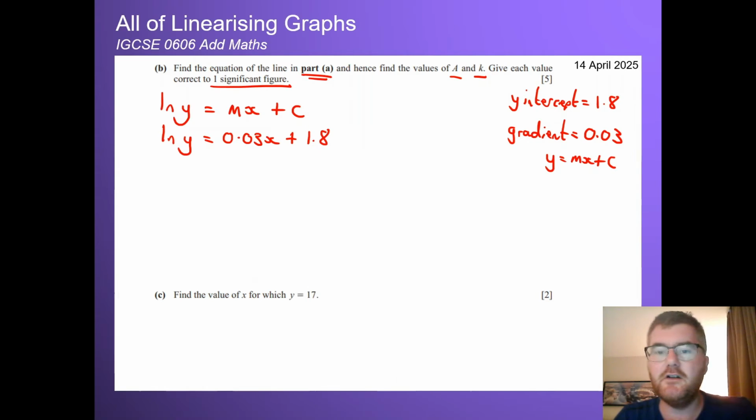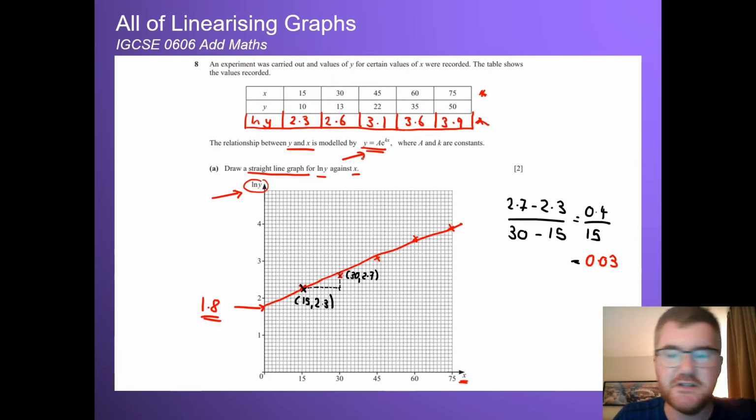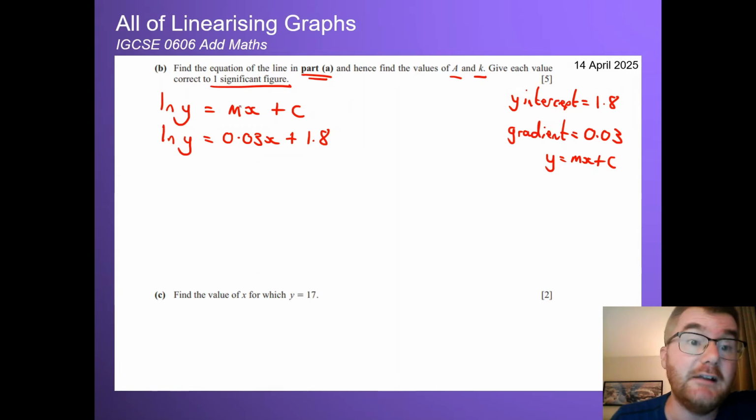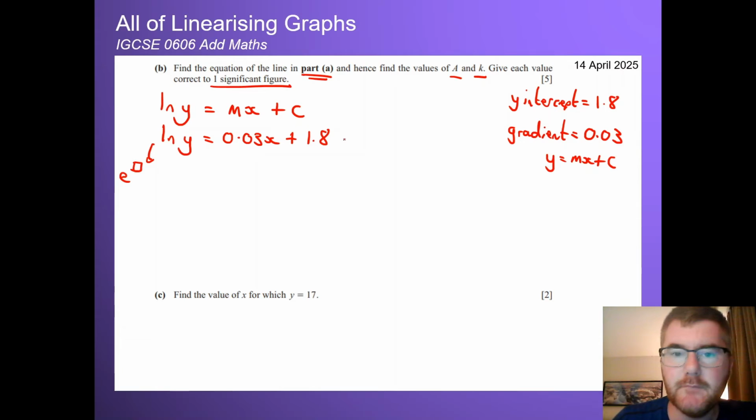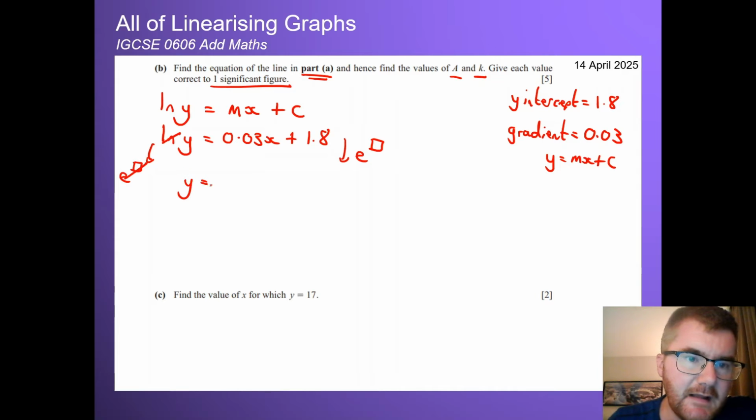However, here we need to get an equation in terms of y, which is where your knowledge of exponents and logs comes in. It's important. Now we think, what's the opposite process of the natural log? Well, we need to raise both sides by e. Okay, so that's the opposite operation we're doing. This cancels, giving us y, and then we raise all of this to e.